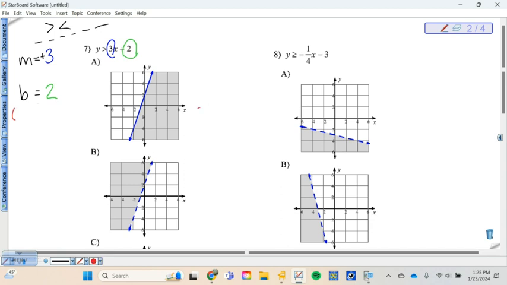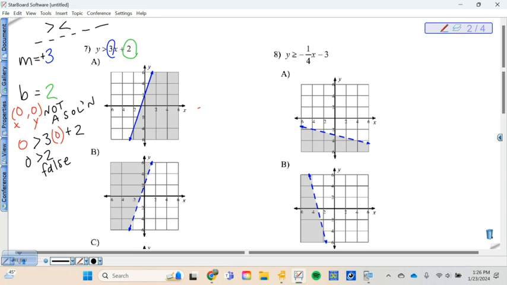If I plug in 0, 0 for x and for y, then 0 is greater than, what's 3 times 0 plus 2? Is 0 greater than 2? No, it's false. So is 0, 0 a solution or not a solution? It's not a solution. So 0, 0 should not be in the solution set.